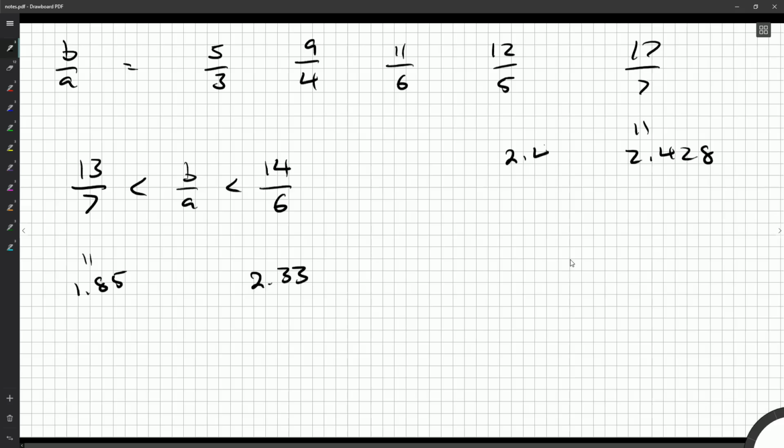Yes, it is, 2.4. How about 11 over 6? That's a little too low, 1.83, unfortunately. 9 over 4 is 2.25. It's sitting well in that range. 5 over 3 is 1.66. So the only one in this range is 9 over 4.